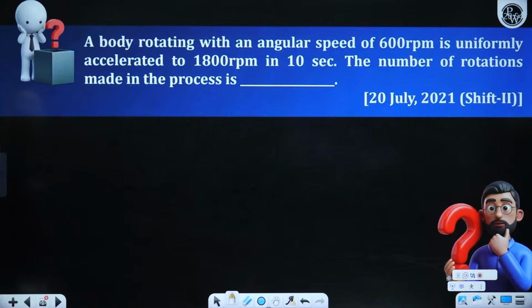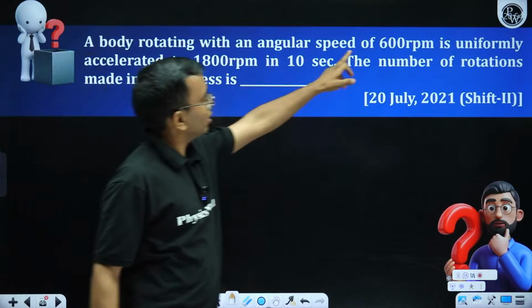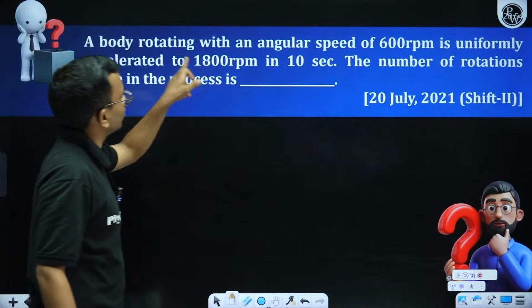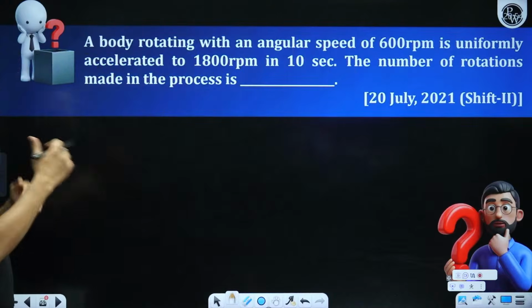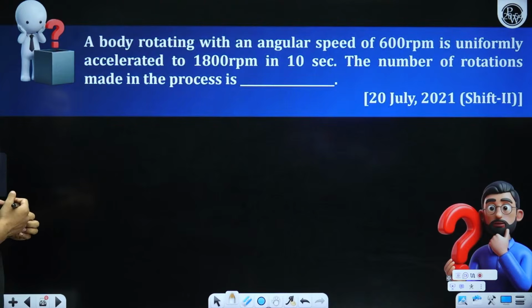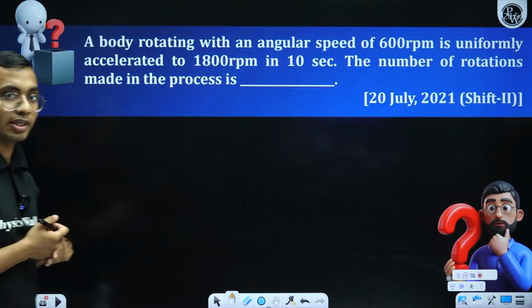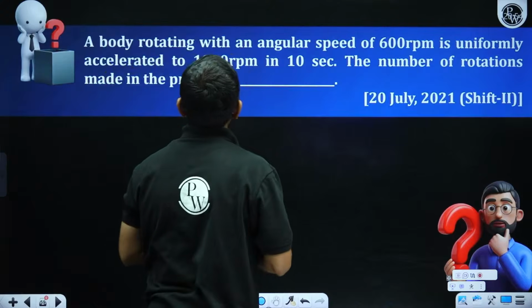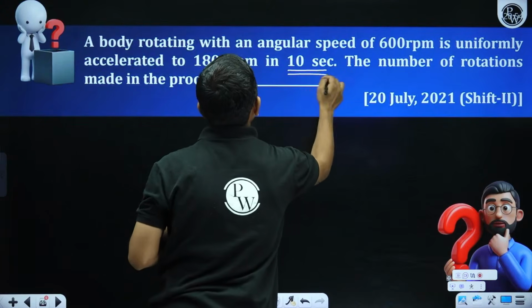Question. A body rotates with an angular speed of 1600 rpm and is uniformly accelerated to 1800 rpm in 10 seconds. Find the number of rotations made in the process. How to find this? Time is given to us.